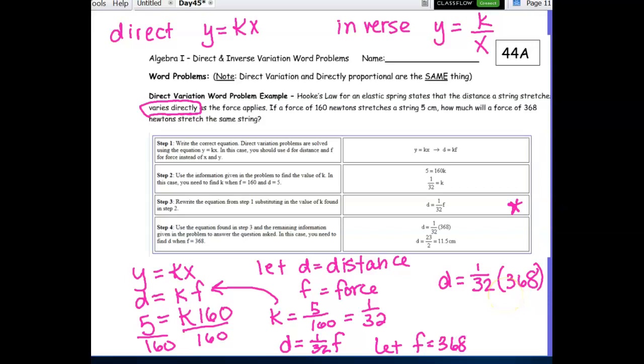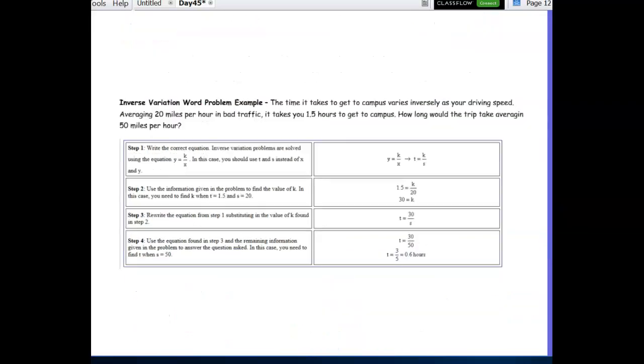We just plug it in, and when we multiply, the distance is going to be 11.5 centimeters. That's all spelled out in the steps above, but I just wanted to walk you through it. So that's an example of varying directly, or a direct variation. Also keep in mind it can be called directly proportional. Varies proportionally means the same thing.